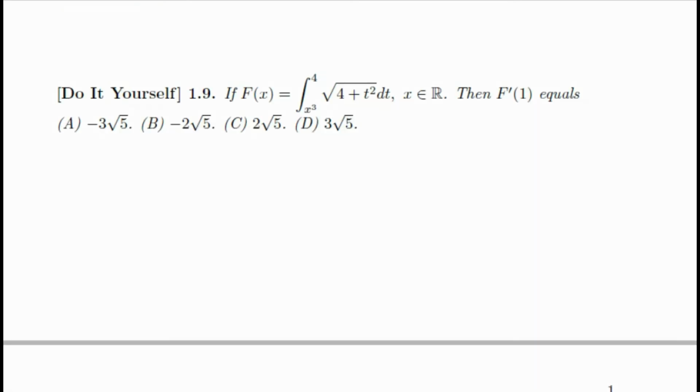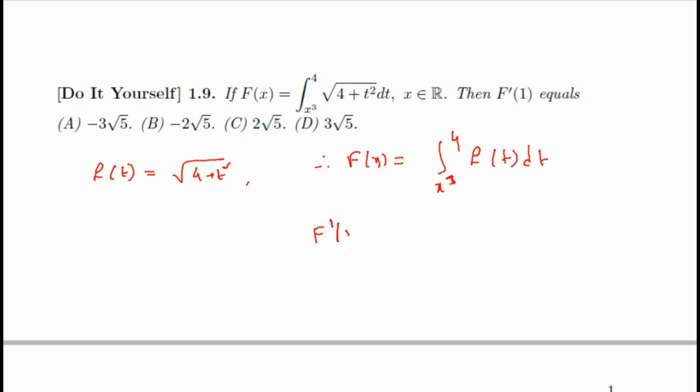Now example 1.9 is a direct application of formula 3. Here we will just take f of t equal to root of 4 plus t square. So therefore f of x equals integral x cube to 4 of f of t dt. Now f dash x equals f of 4 into d dx of 4 minus f of x cube into d dx of x cube.